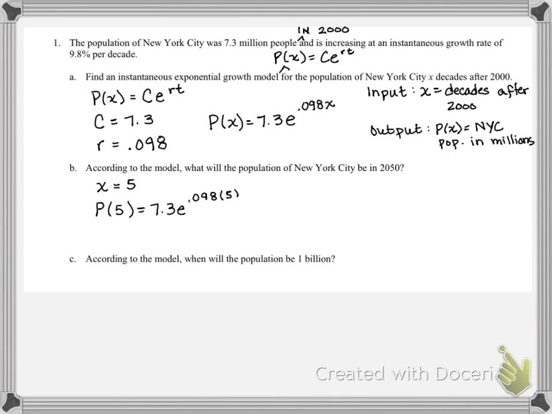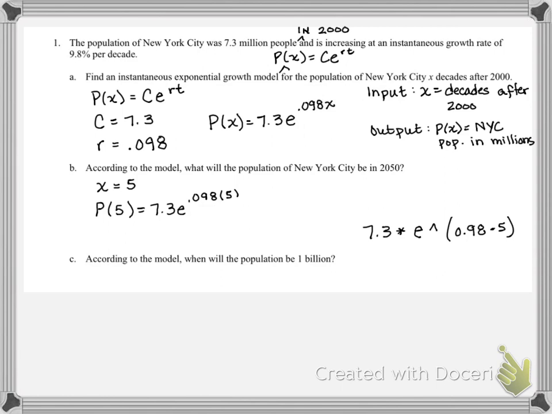If you have a calculator that doesn't go up into superscript for the exponent, be sure that you're putting your exponent in parentheses. So if you have a calculator that just goes like this, make sure you put that 0.098 times 5 in parentheses so that whole thing is your exponent. I've noticed more than other things that we've covered this semester that just plugging things into the calculator can often cause errors, like just formatting that correctly.